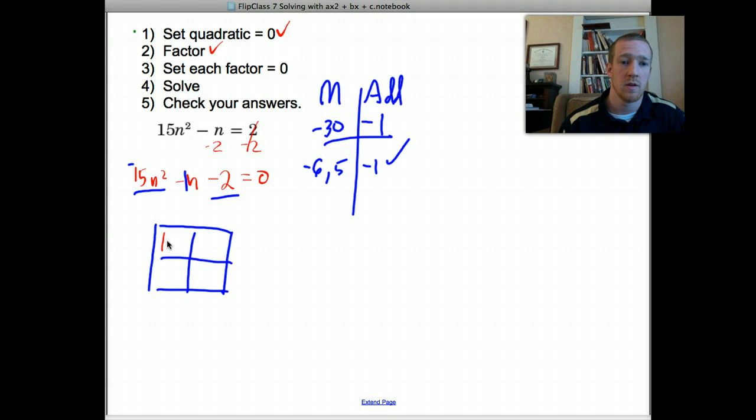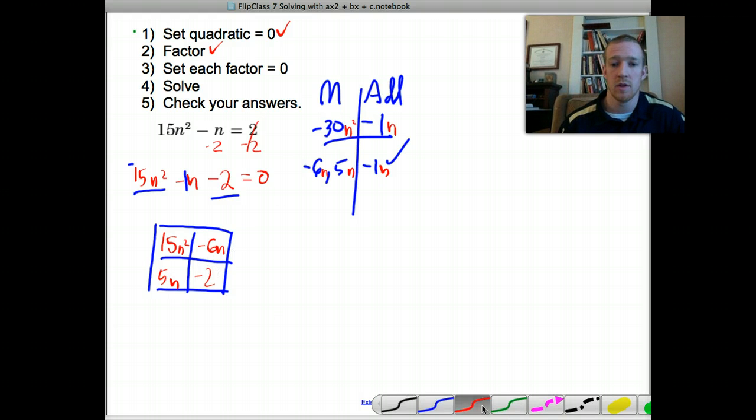We've got 15n squared and negative 2 there. Then we can put these in either box. I'm going to put the negative 6n here and the 5n there. It's good to get in the habit of keeping this n squared here. So n squared and n. That way you know that a 6n and a 5n multiply to give you the 30n squared and add up to a 1n, so you don't forget to put them in your box here.